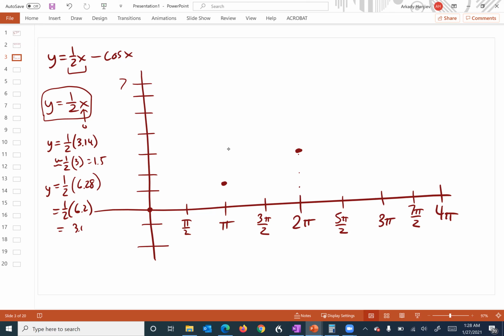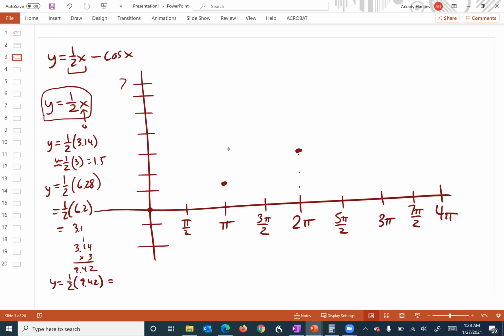Okay, and 3 pi. That's 9.4, 9.42. So you could tell this is getting messy, right? A lot of drawing things out and a lot of computational stuff.